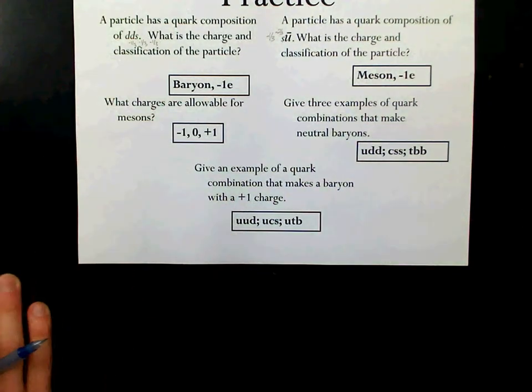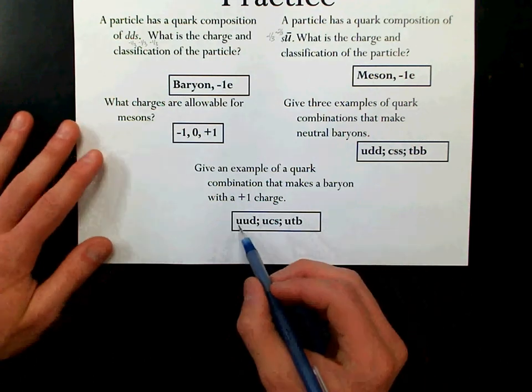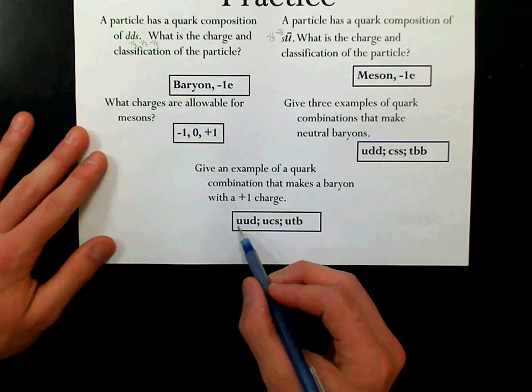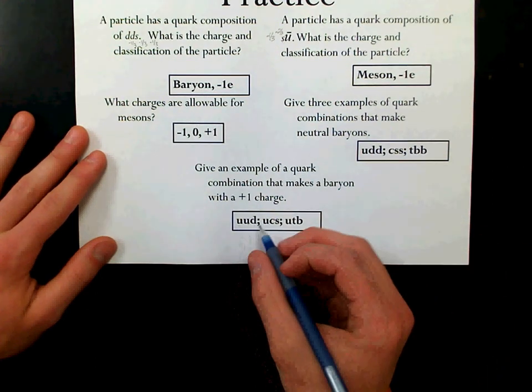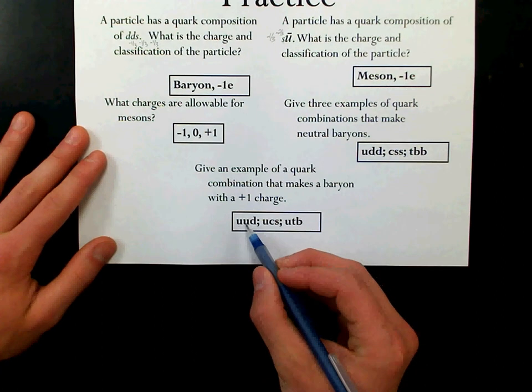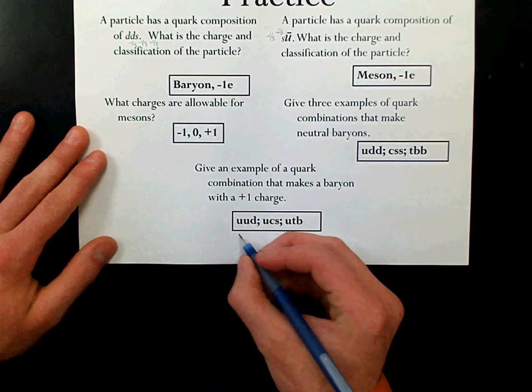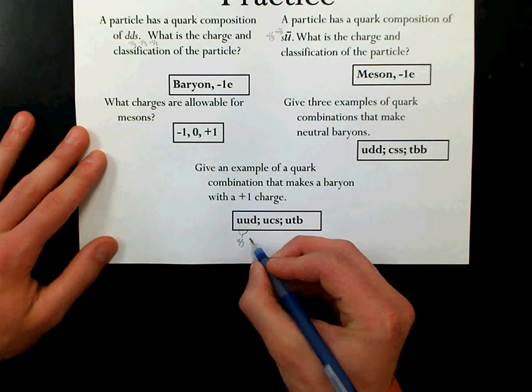Okay, there we go. So possible combinations. This time we're going to combine together two quarks that have a plus 2/3, and then one of them will have a negative 1/3. So plus 2/3 plus 2/3. Now I have 4/3, and then my down is negative 1/3.